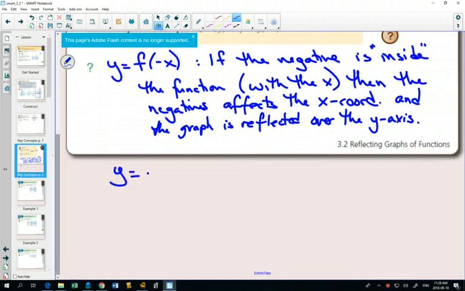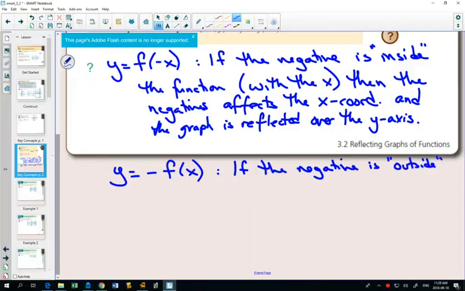Similarly, we'll make a note when the negative is outside of the function. If it's outside the function, sometimes people say that it's with the y, because I could multiply both sides by a negative sign here and move the negative to the other side.